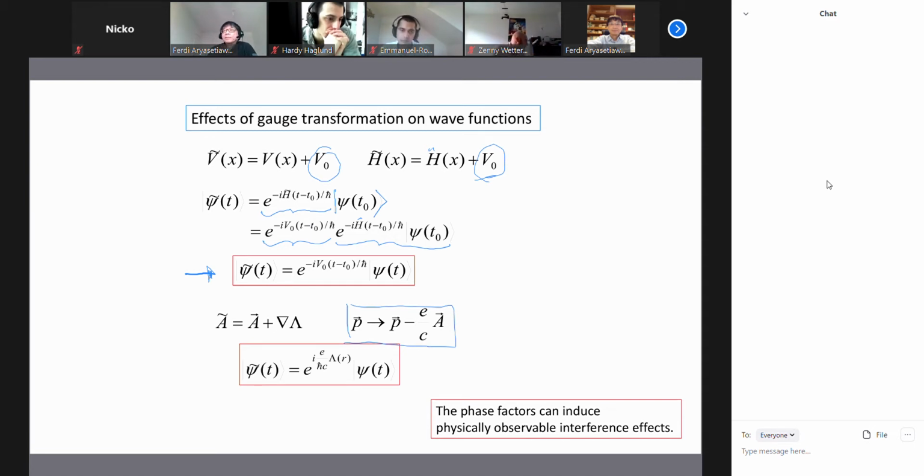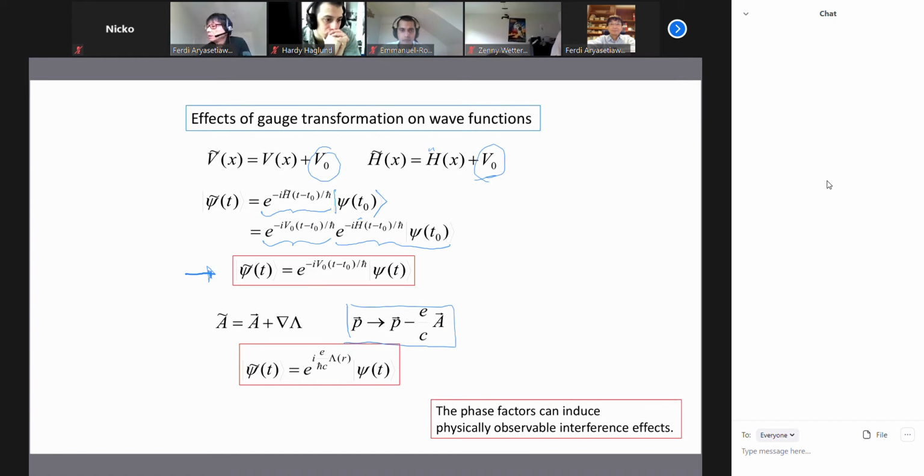I have this in the appendix. If you have forgotten where this comes from, you can have a look at the appendix. It is derived there, how you go from P to P minus e upon c times A.